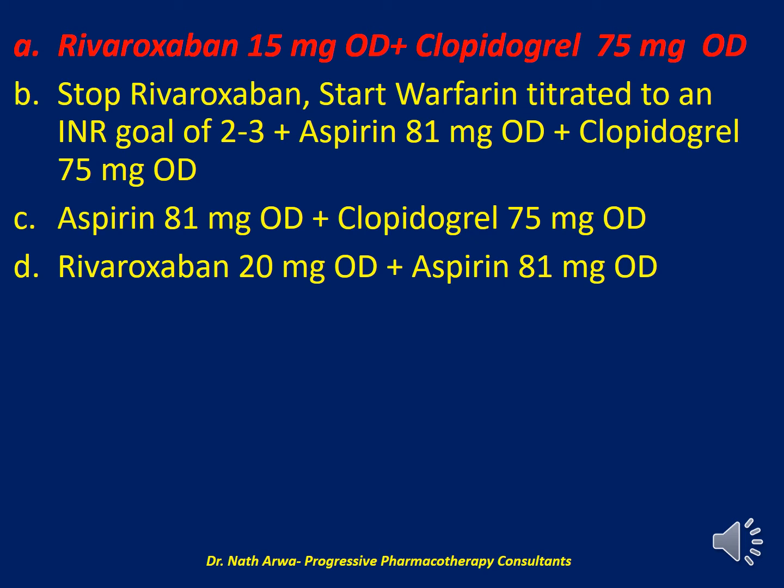Now, the option of rivaroxaban plus aspirin wasn't a subgroup studied in the PIONEER AF trial, and there isn't enough evidence to support the use of this regimen immediately after PCI. So I wouldn't opt for that one.